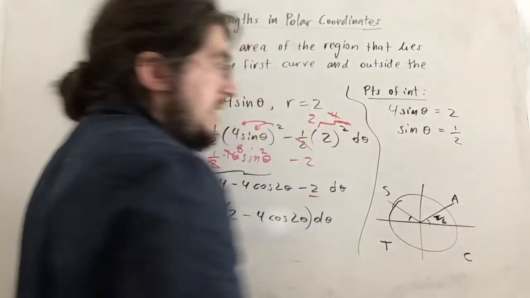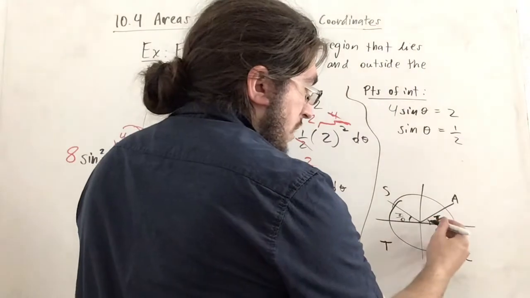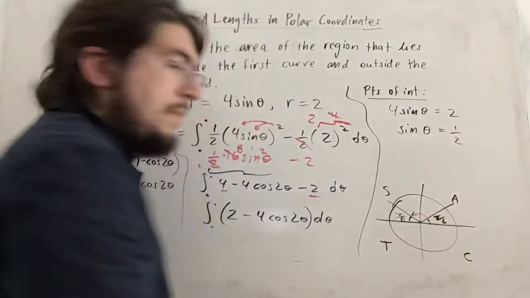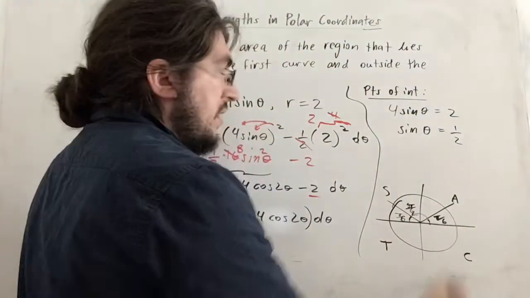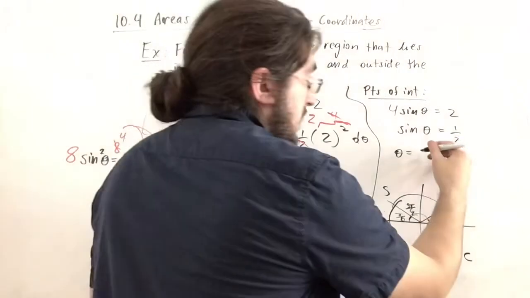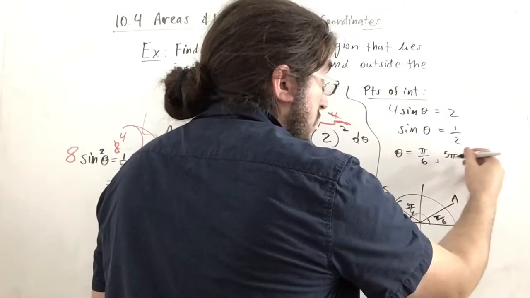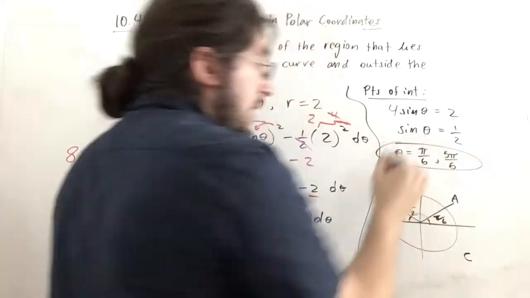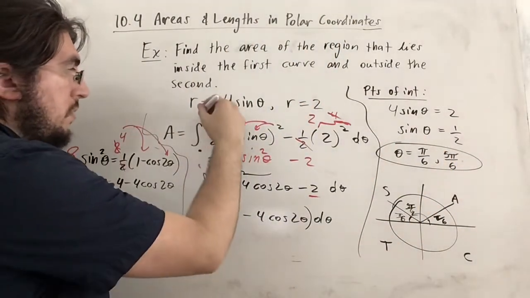Sine of pi over 6 is 1/2. And if this reference angle is pi over 6, that means this full angle will have to be pi minus pi over 6, which is 5 pi over 6. Perfect. So that tells us that the theta values for which sine of theta is 1/2 happen at pi over 6 and 5 pi over 6, and there's only 2 of them here, so these will actually be our points of intersection.